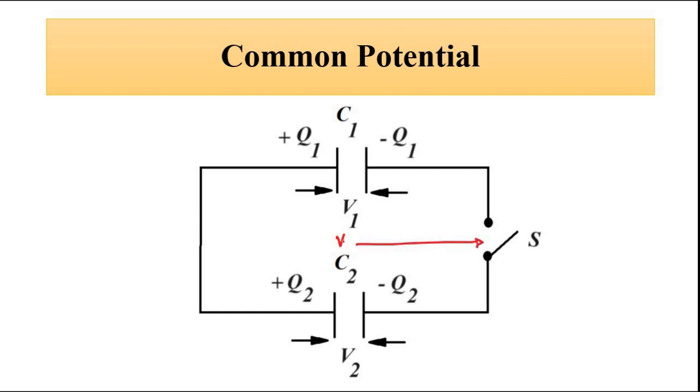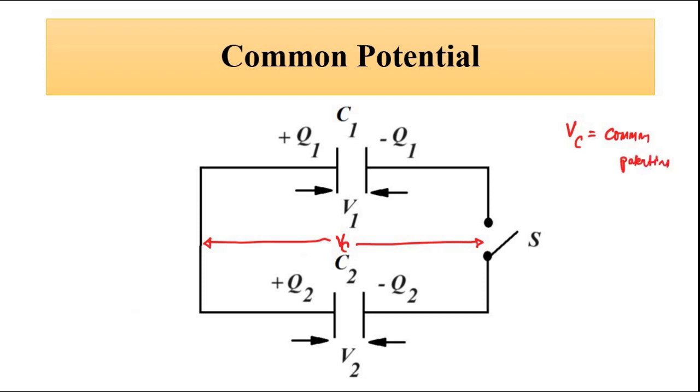When the switch is closed, there will be a movement of charges from one capacitor to the other. Movement of charges will lead to a decrease in potential in one and an increase in potential in the other, till both capacitors are at the same potential difference, V, let's say, or VC. This VC, the same potential across both the capacitors, is called the common potential.